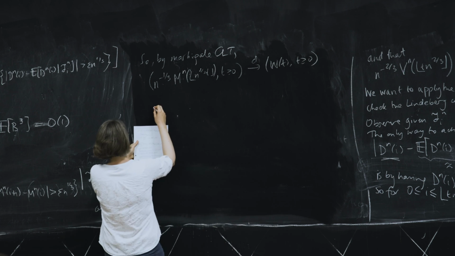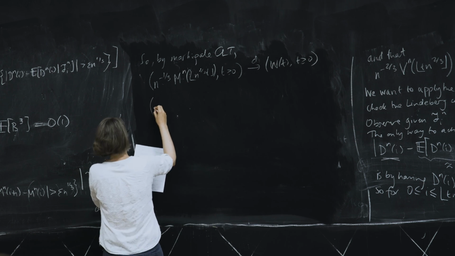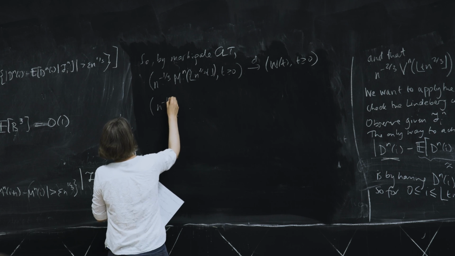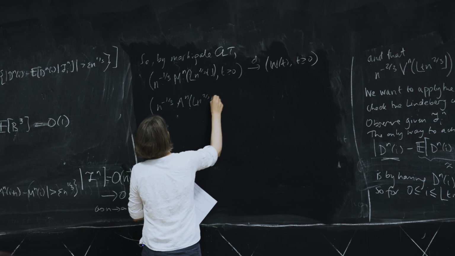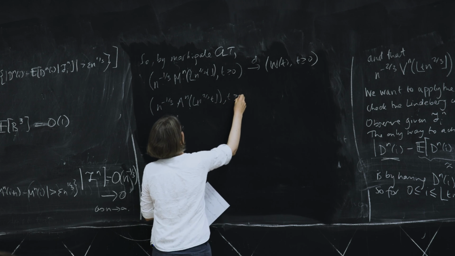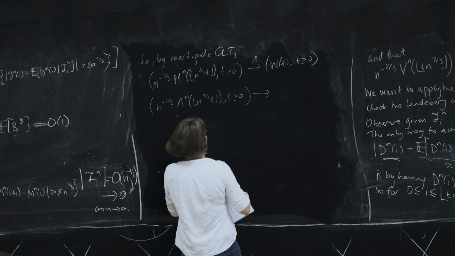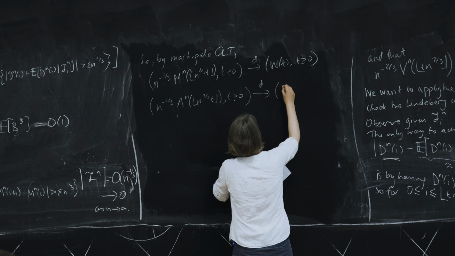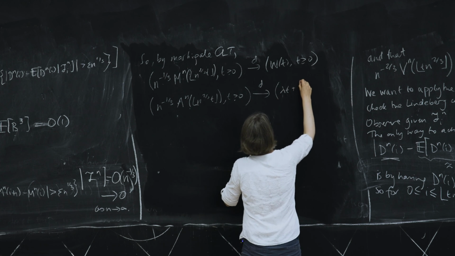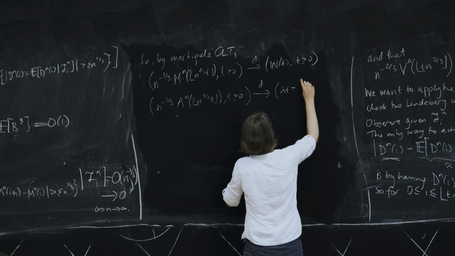And we already saw that the rescaled drift part was converging, well, uniformly in probability, but so certainly in distribution, to lambda t minus t squared on 2.